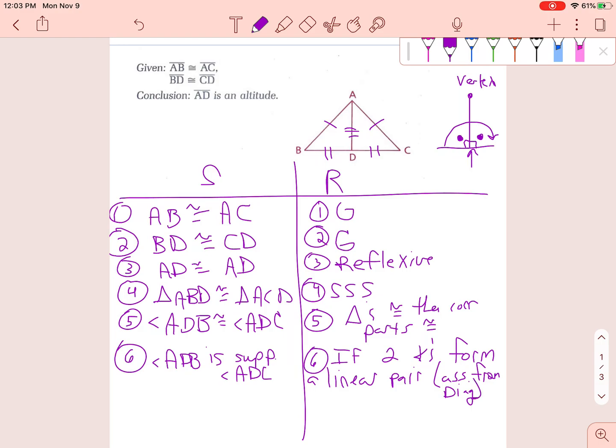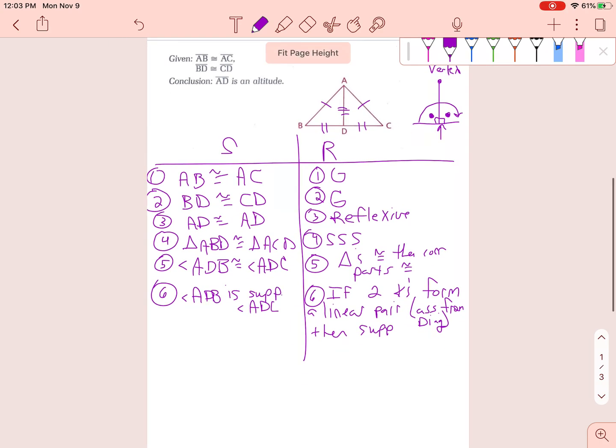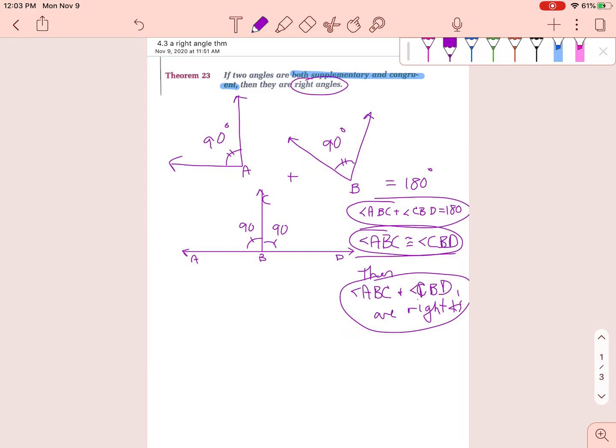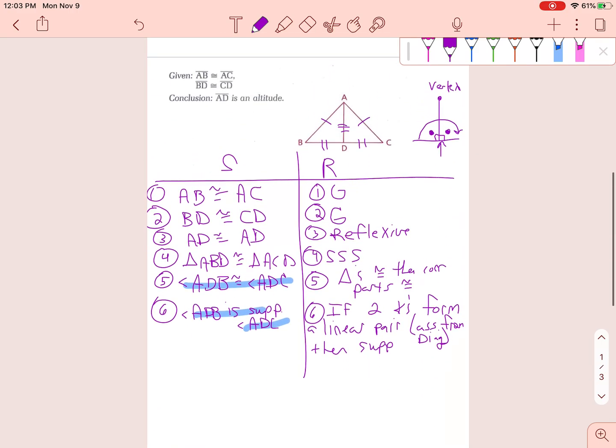Okay, if two angles form a linear pair, then they are supplementary. Okay, once you have these angles congruent and supplementary, go back up here, you know that they have to be right angles.